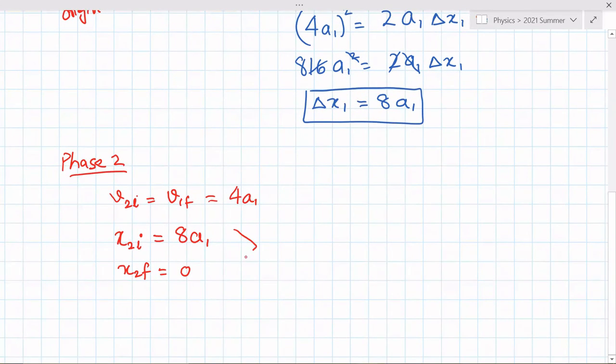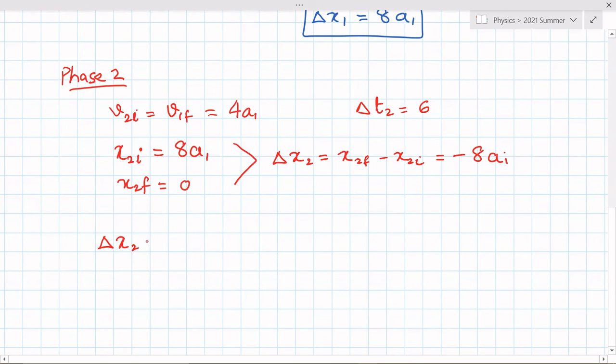So this gives us delta x2 as x2 final minus x2 initial, which is negative 8A1.